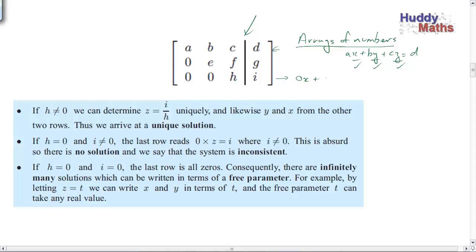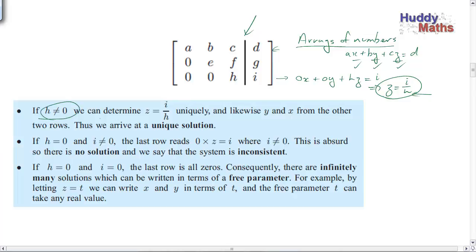So let's write this bottom line out. Naught x plus naught y plus hz equals i, which implies z equals i over h. Now what we want to do is to discuss what's going to happen there for different i's and h's. So first of all, you can see h should not be naught.